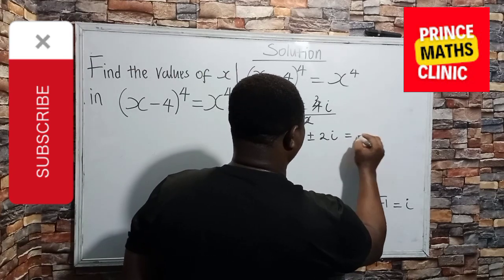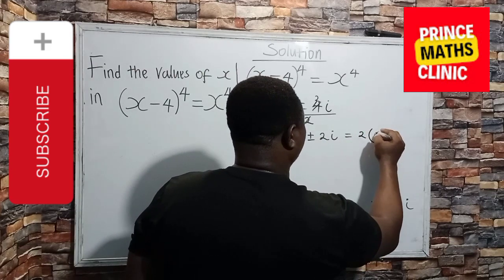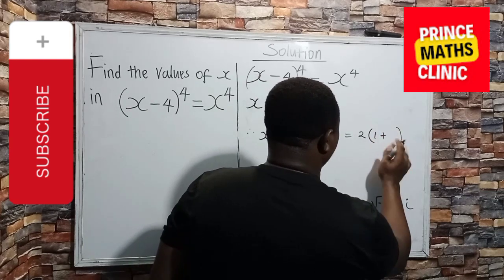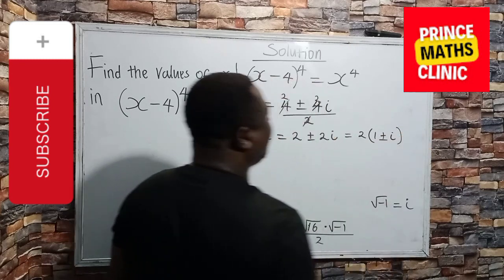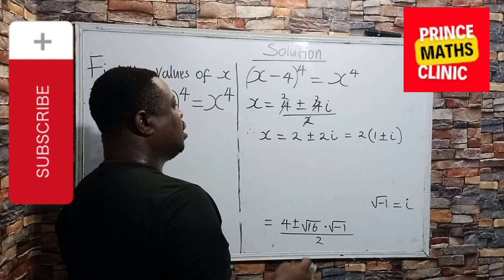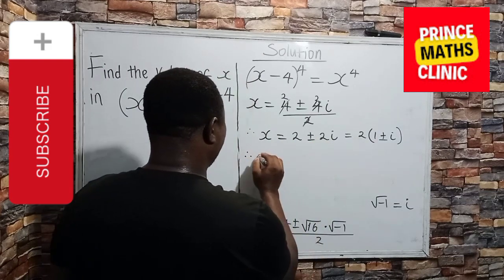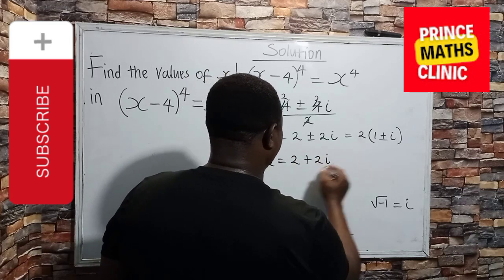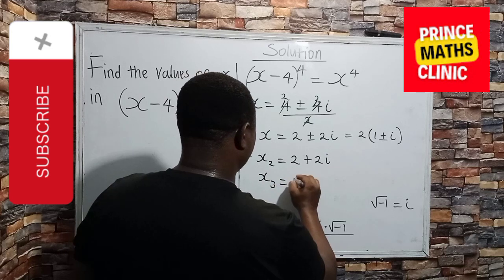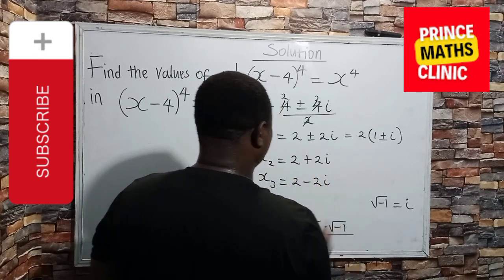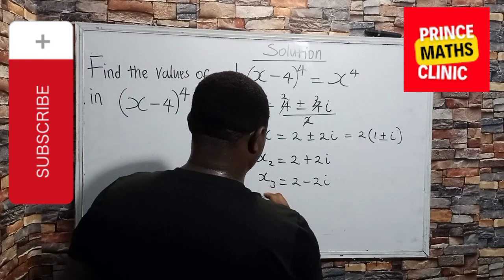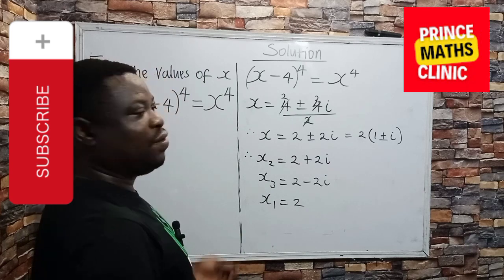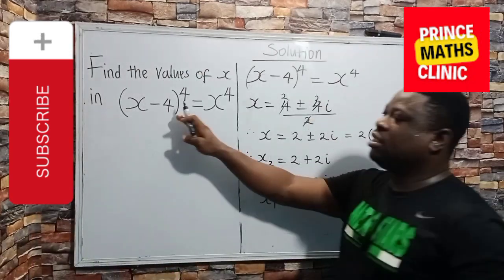Or we can put it as 2 common, 1 plus or minus iota. So x2 will be 2 plus 2 iota, and x3 will be 2 minus 2 iota. Remember our x1 is 2. So these are the 3 values that match x in this equation.